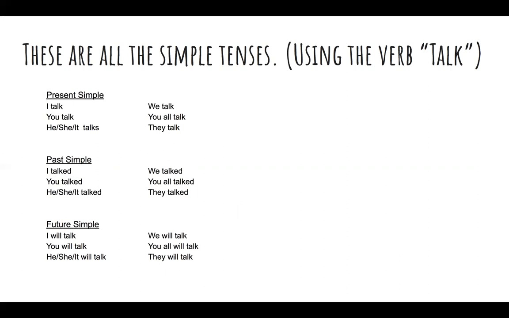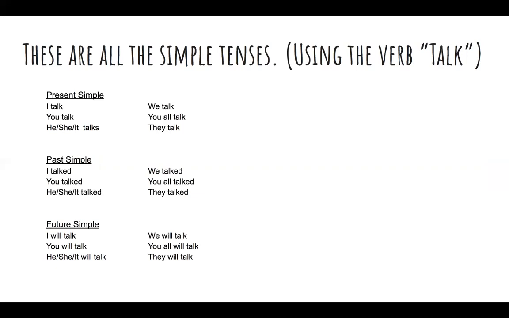The past simple, I talked, you talked, he, she, and it talked, we talked, you all talked, they talked. In the future simple, I will talk, you will talk, he, she, it will talk, we will talk, you all will talk, they will talk.